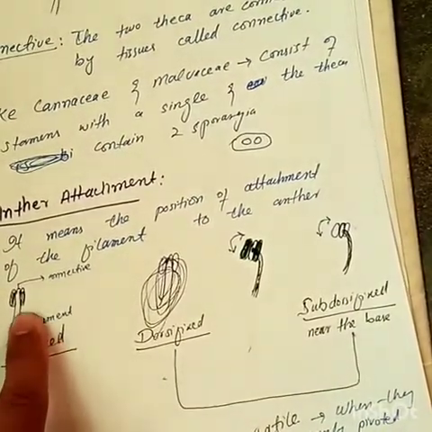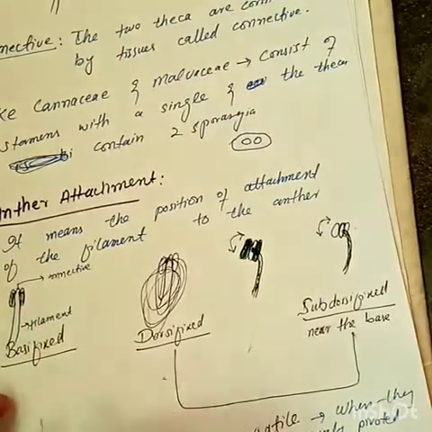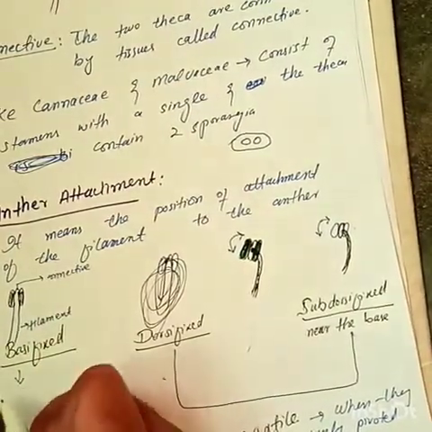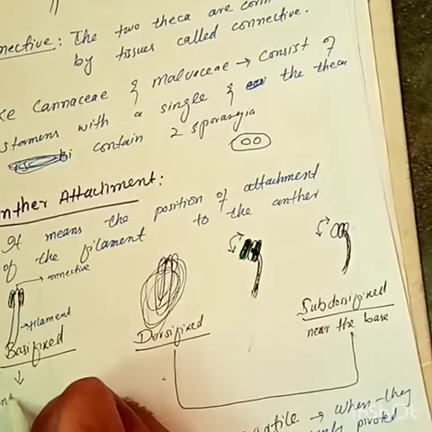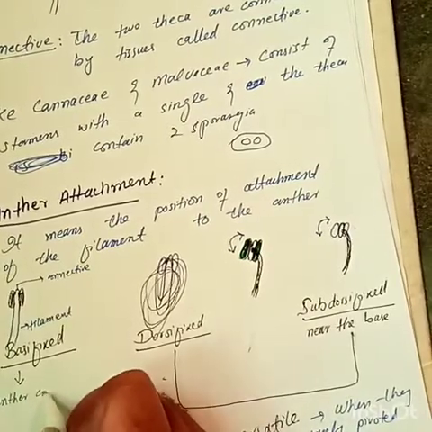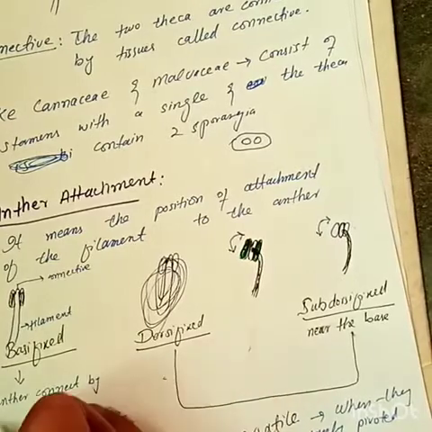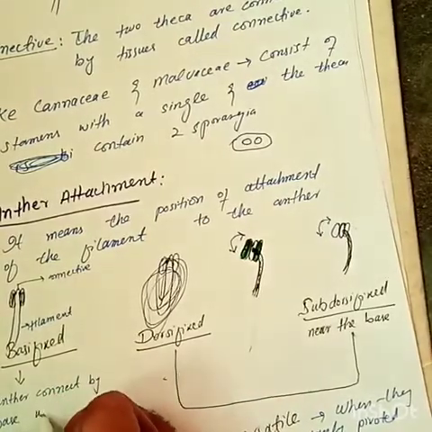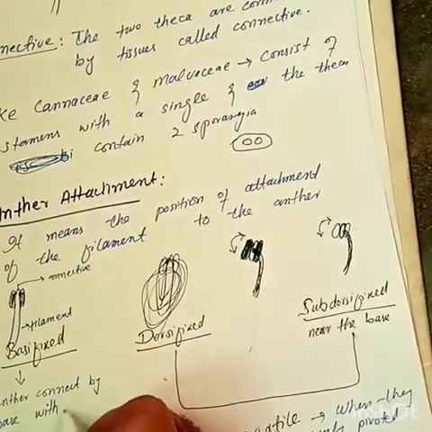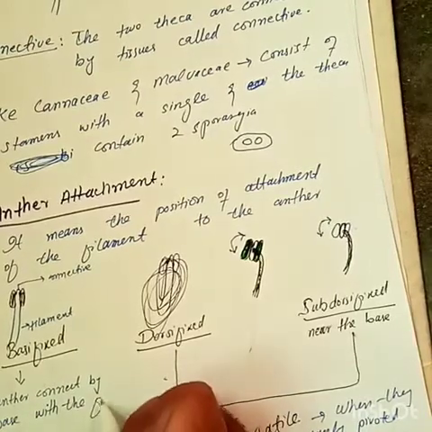Basi-fixed is when the filament is attached to the base of the anther, connecting by the base with the filament.